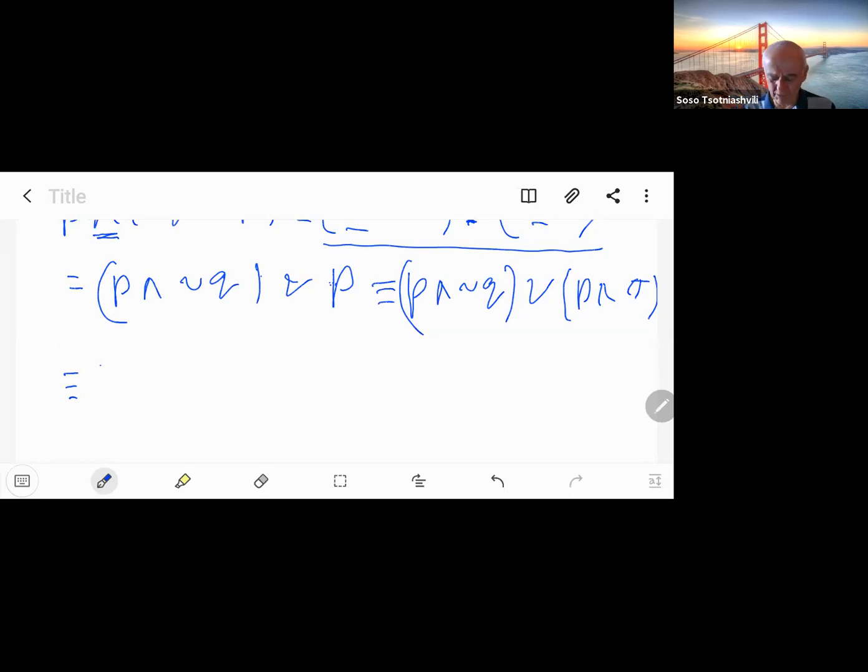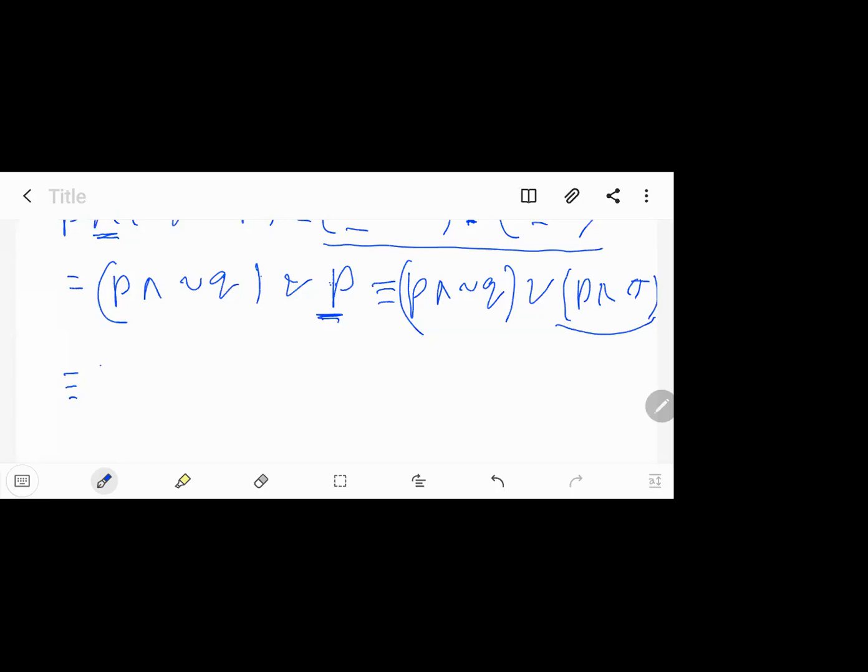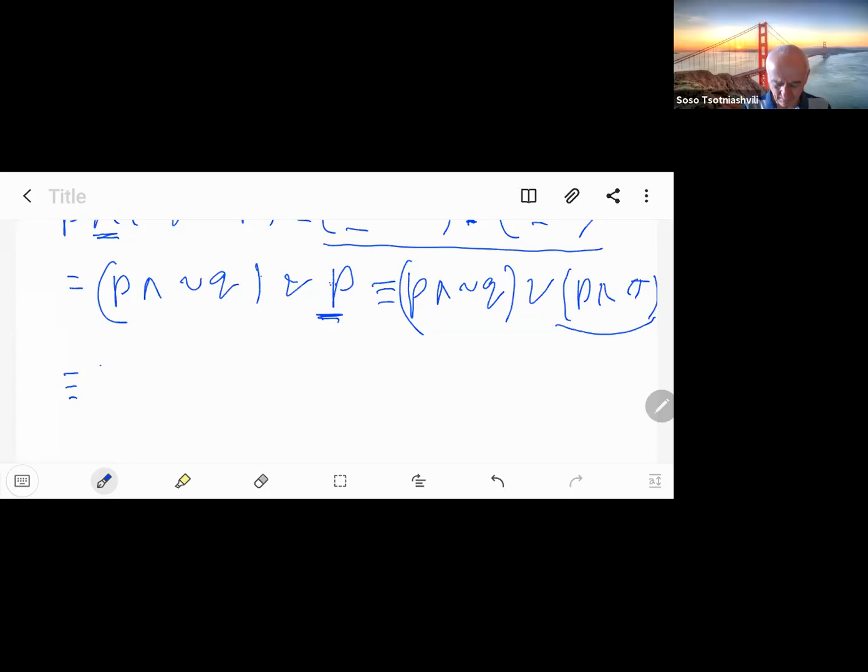Okay, so here, do you agree that instead of P, I can write P and true? Yes, of course, because they are equivalent. Now I can use the distributive law.